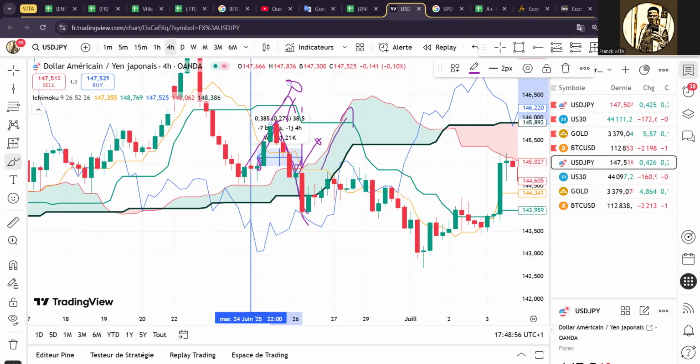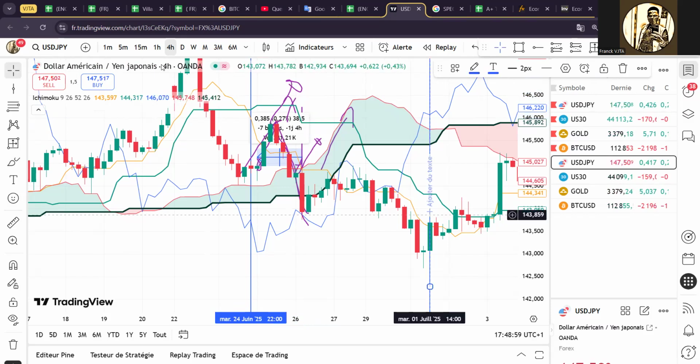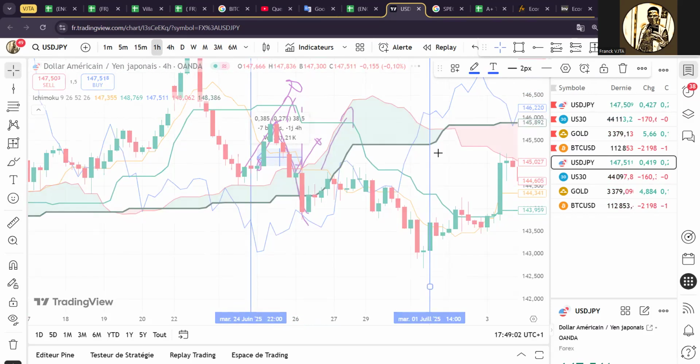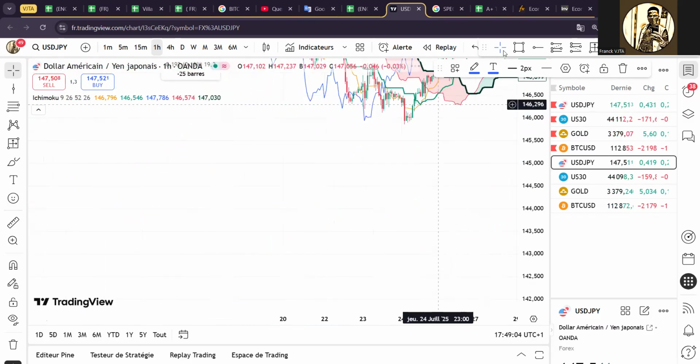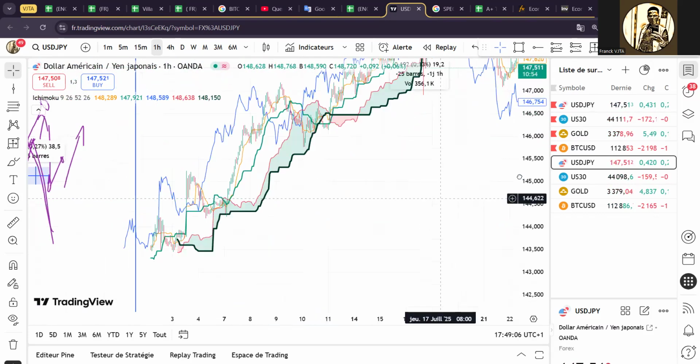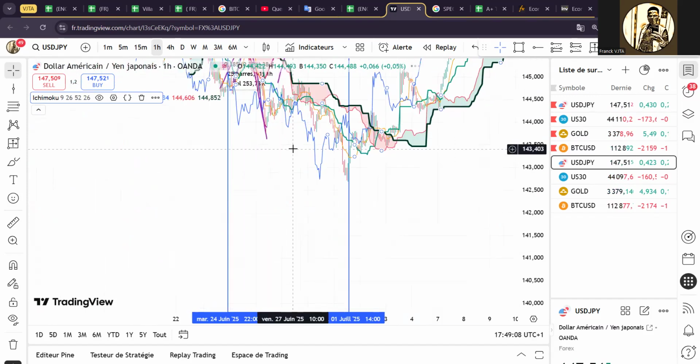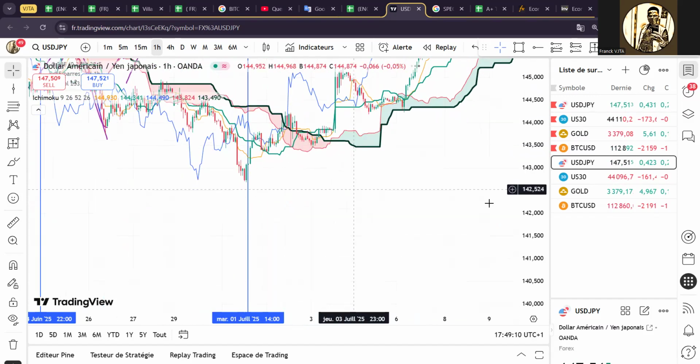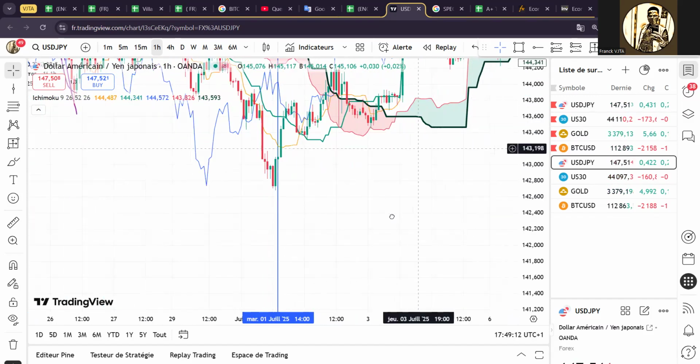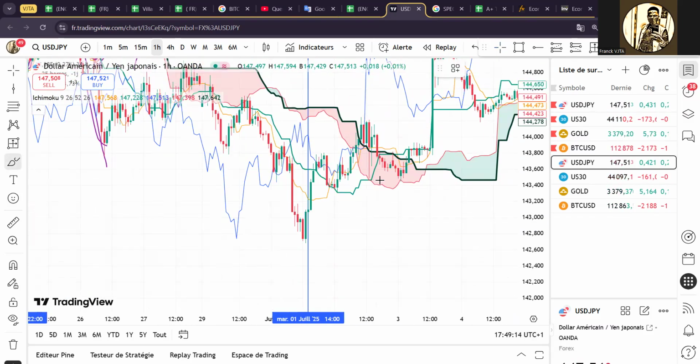But it is something different when you go at the bottom, at the end of the trend here in 1 hour. In this particular case, in 1 hour, the trend was already finished, right? And then when this TK fat, the candle was at this level.